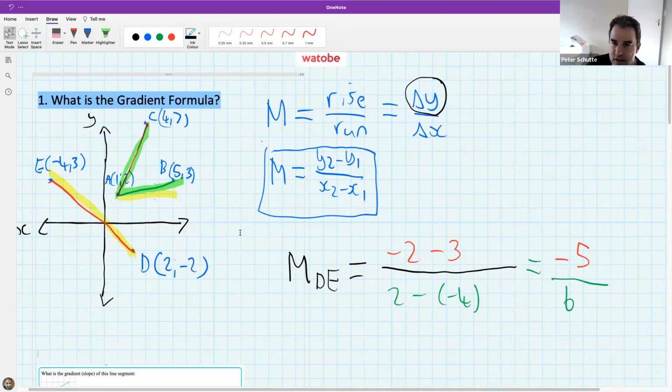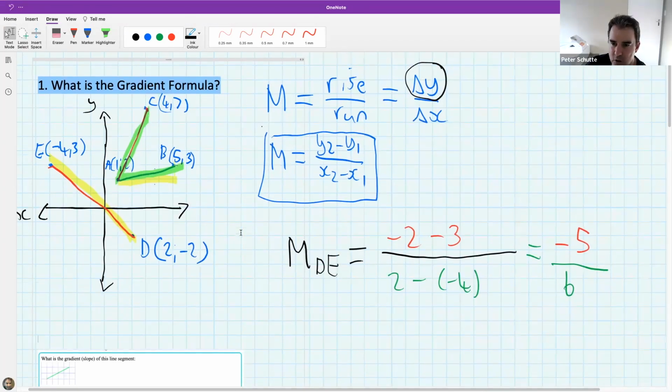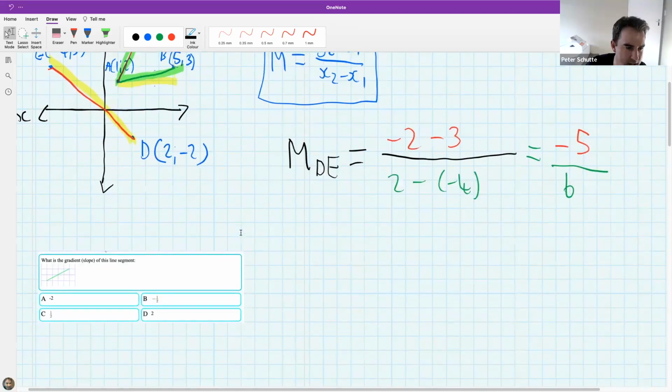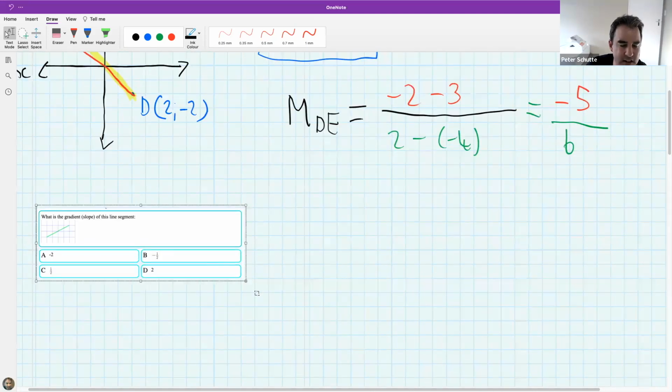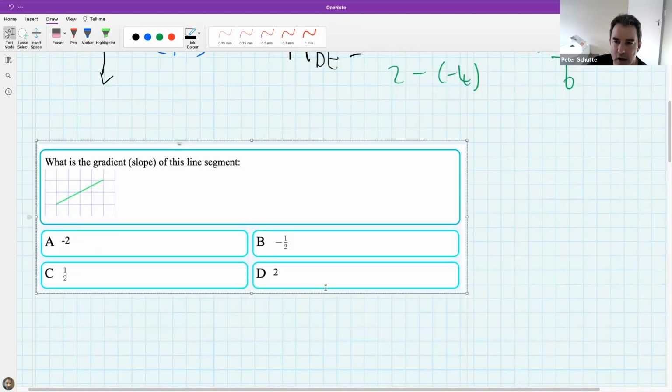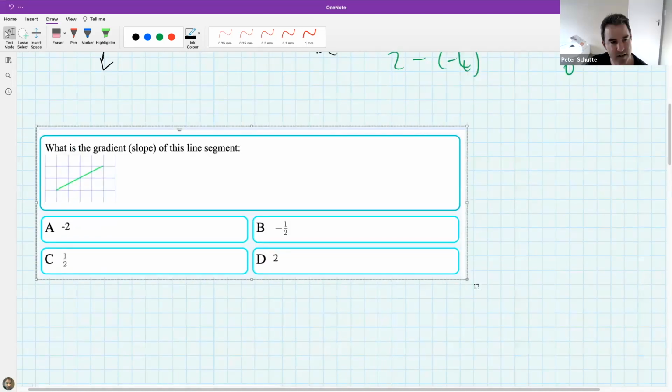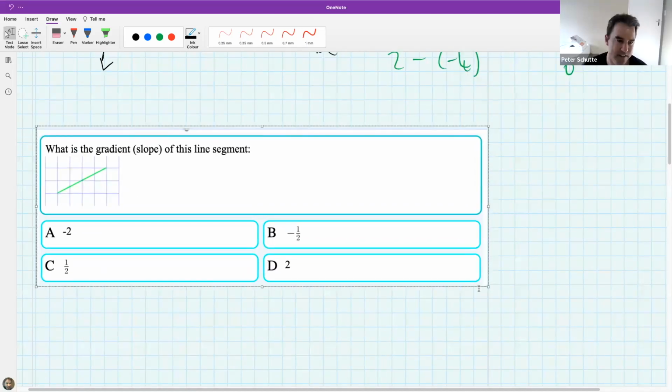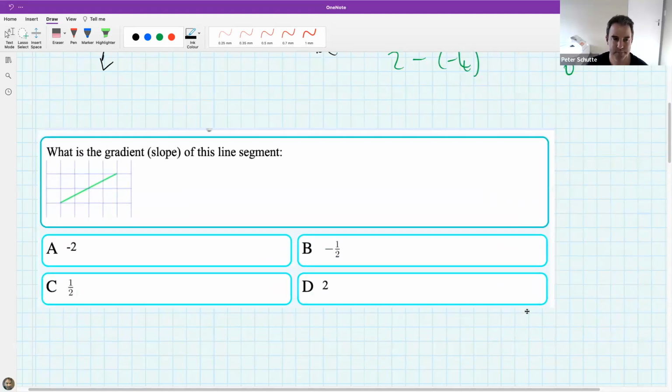Okay. Well, let's do a couple of multiple choice questions just to look at gradients in a different way. So I want you to tell me what is the gradient or slope of this line segment. Now, there's no points on it, so you have to use some other thinking, but see what you can figure out from what we've done so far.